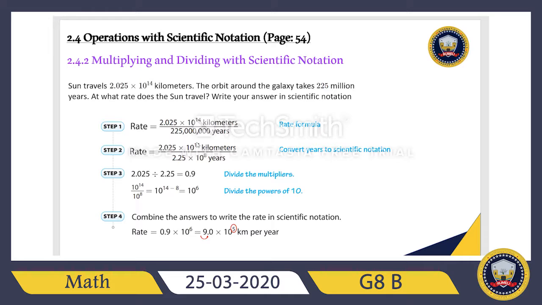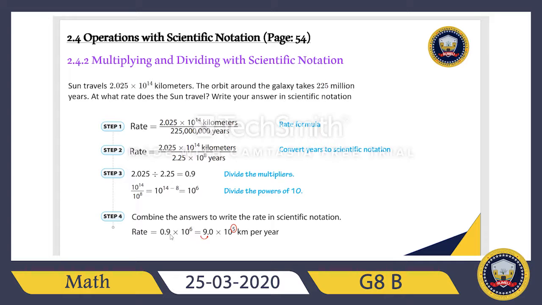And you divide the powers of 10. So you have 10 to the power of 14 divided by 10 to the power of 8. Remember, from the operations of powers, if we have division, then this is 14 minus 8. So this fraction equals 10 to the power of 14 minus 8, which is 10 to the power of 6. Now the final result is 0.9 times 10 to the power of 6.